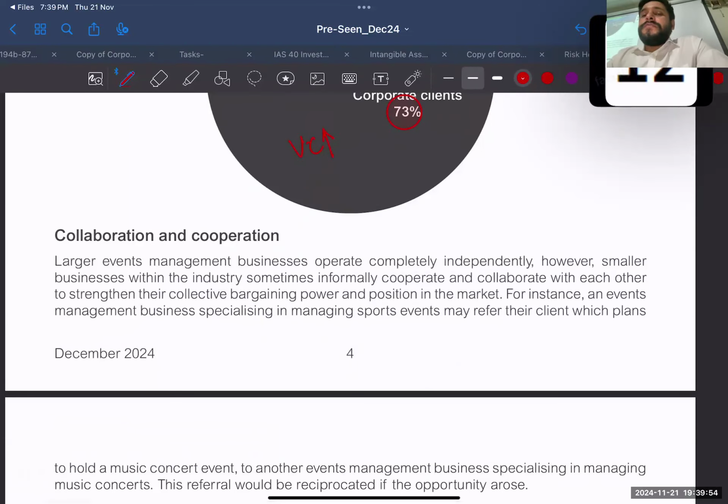Collaboration and cooperation. Larger event management businesses operate completely independently. Collaboration, you know what? They may ask me for a merger or an acquisition. They may ask me to discuss the advantages or disadvantages of merging or acquiring an event management company.